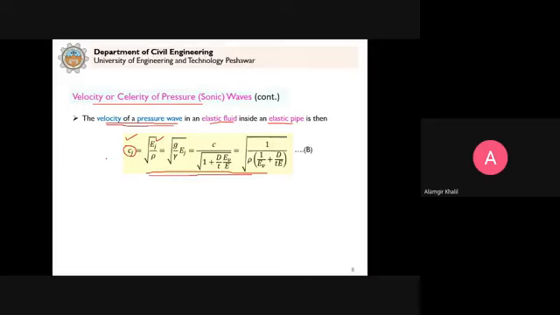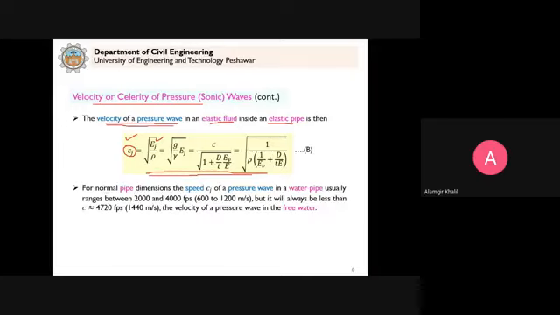For normal pipe dimensions, the speed Cj of a pressure wave in a water pipe usually ranges between 2000 to 4000, but it will always be less than 4720. This is because 4720 is the velocity of a pressure wave in free water when the pipe is rigid.